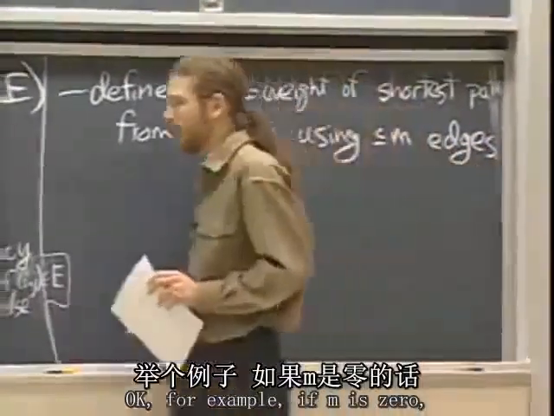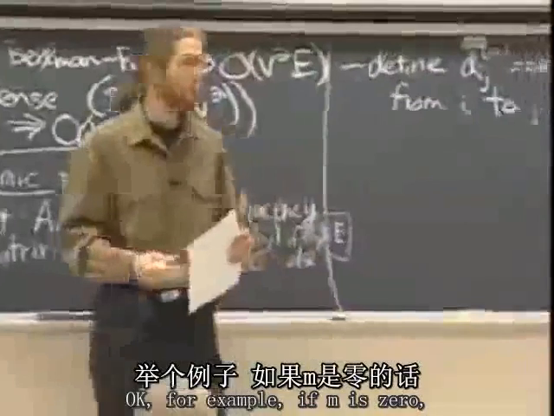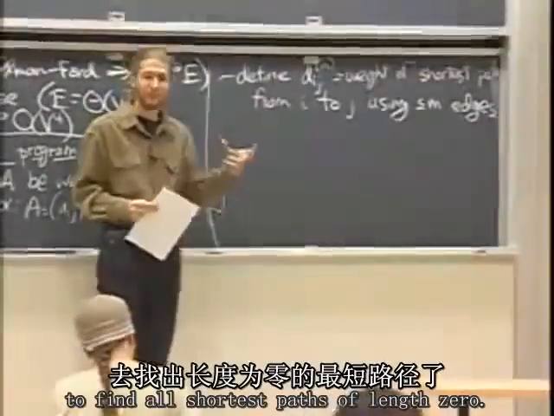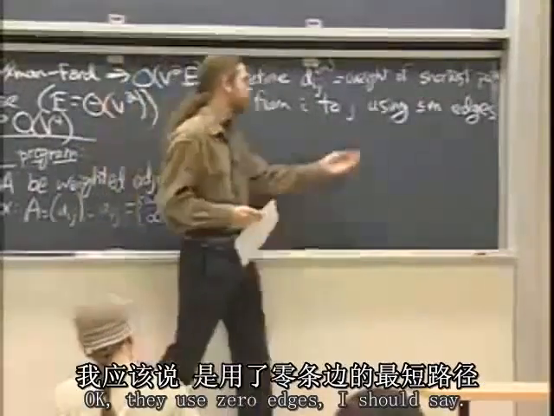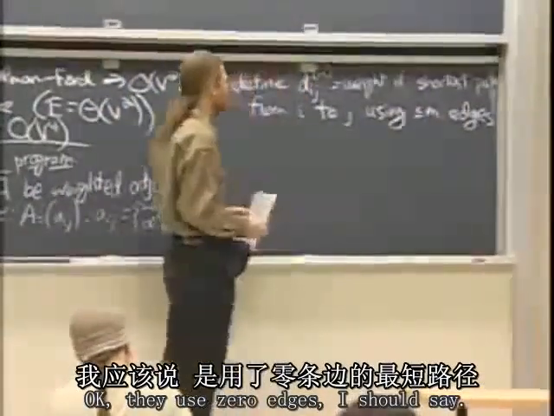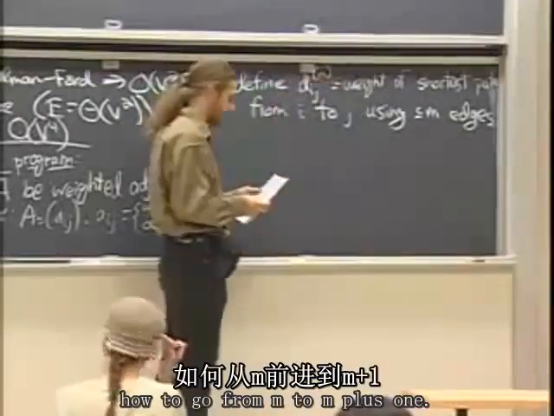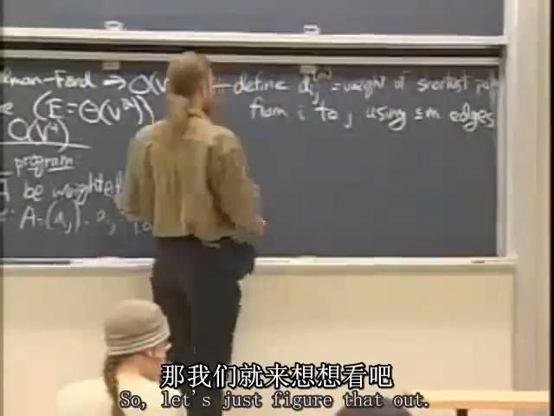For example, if m is 0, then we don't have to think very hard to find all shortest paths that use 0 edges. And so Bellman-Ford sort of tells us how to go from m to m plus 1. So let's just figure that out.